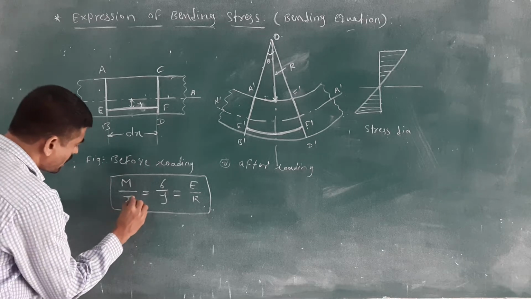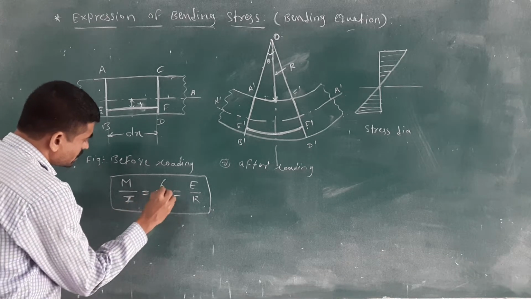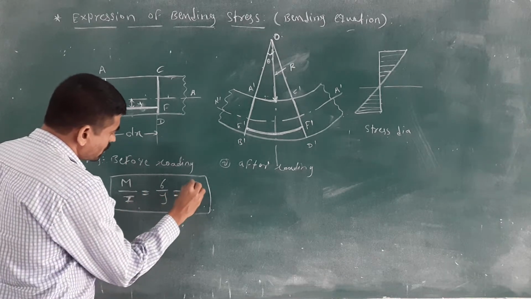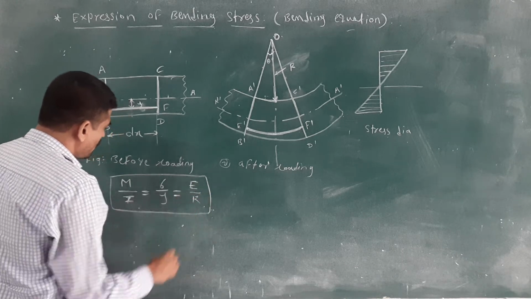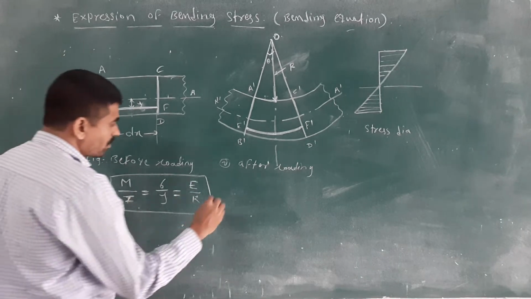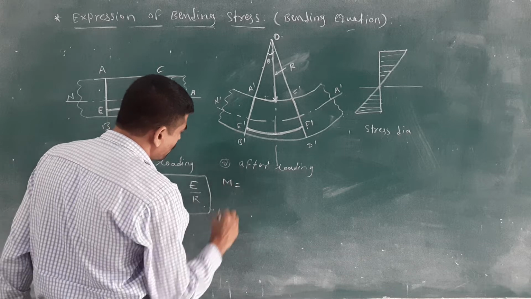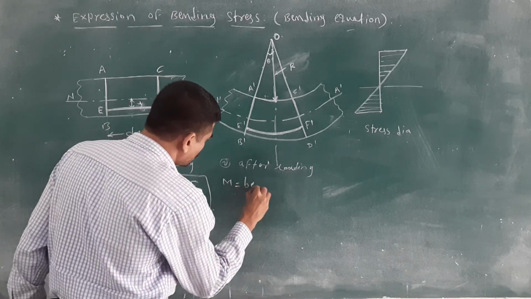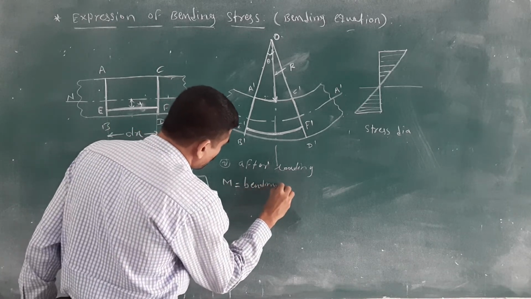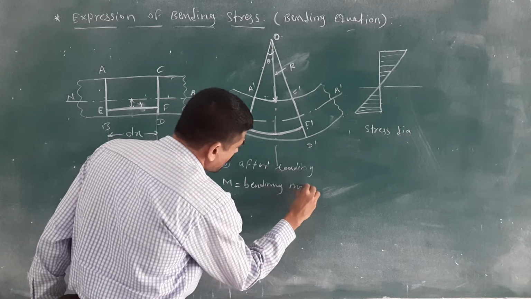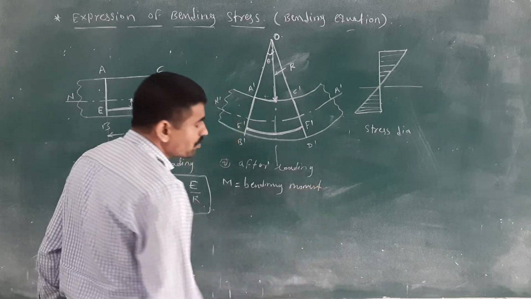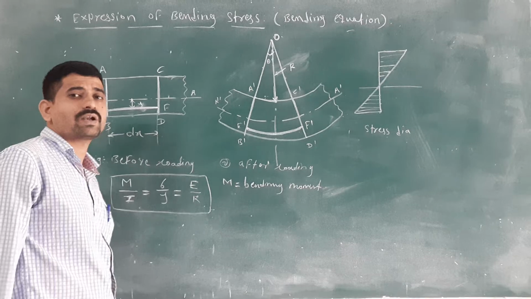M by I is equal to sigma by y is equal to E by R. Again, what is the M? M is the bending moment. Already we have seen what the bending moment is in unit number 2.